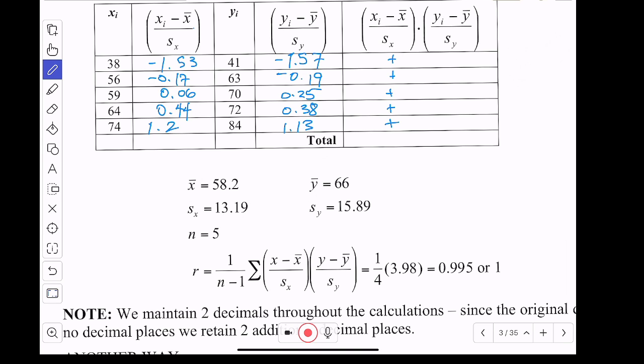So this is 2.4. 0.03. I'm just rounding to 2 decimal places. 0.06 times 0.25. 0.2.